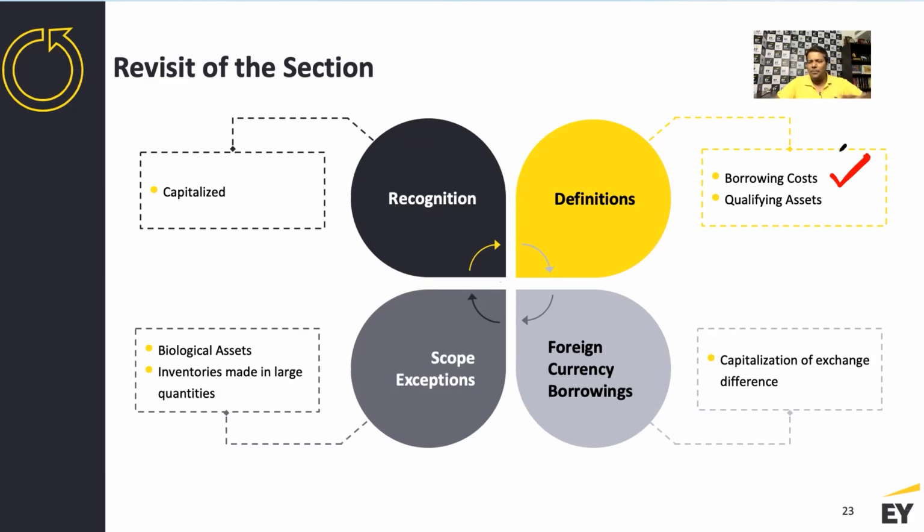However, if I have repaid that loan and that unrealized loss actually got converted into a realized loss, then there is no decapitalization required because it just got settled. In future periods, for any loan which is outstanding, only to the extent of the portion which I had actually considered for capitalization, any other foreign exchange gain or loss over and above what is to be considered as part of Ind AS 23 is to be dealt with under Ind AS 21.